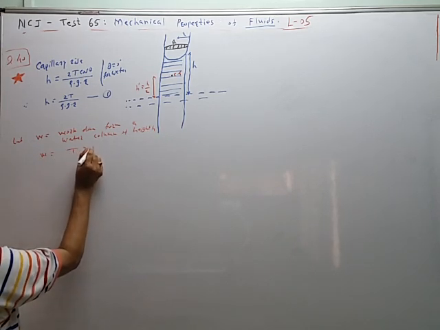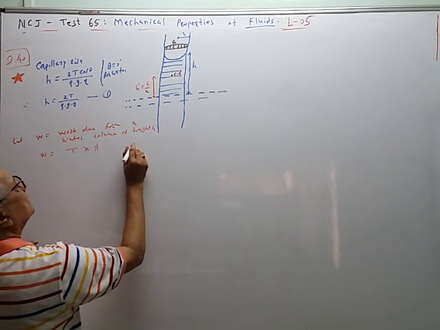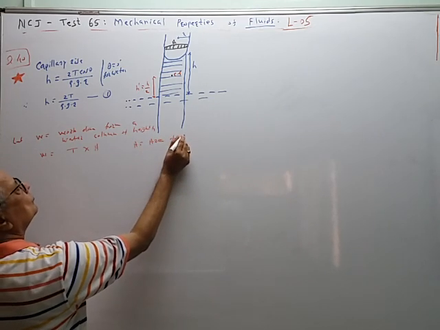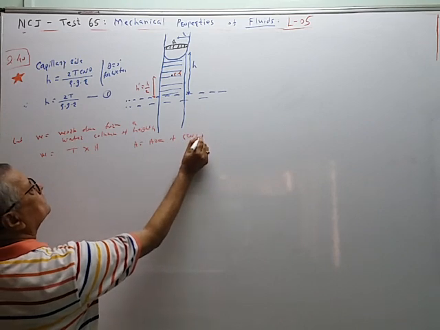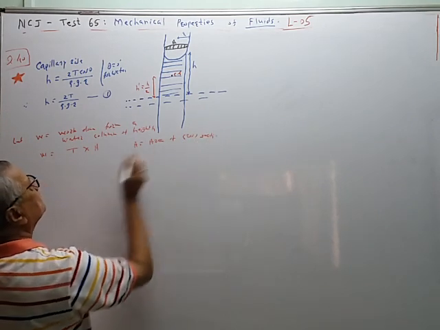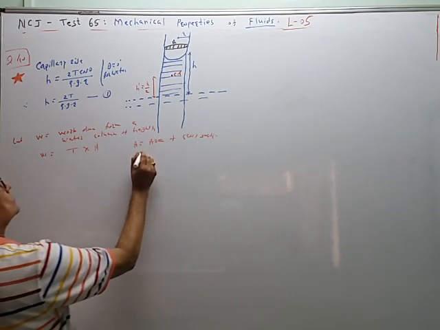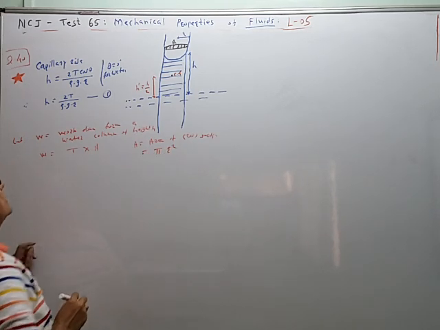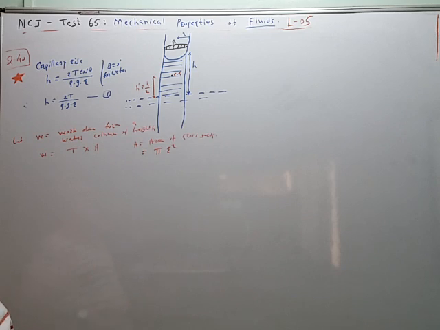Therefore, W is equal to T multiplied by A. A is the area of cross section, equal to pi r square, and surface tension T is given by this formula.